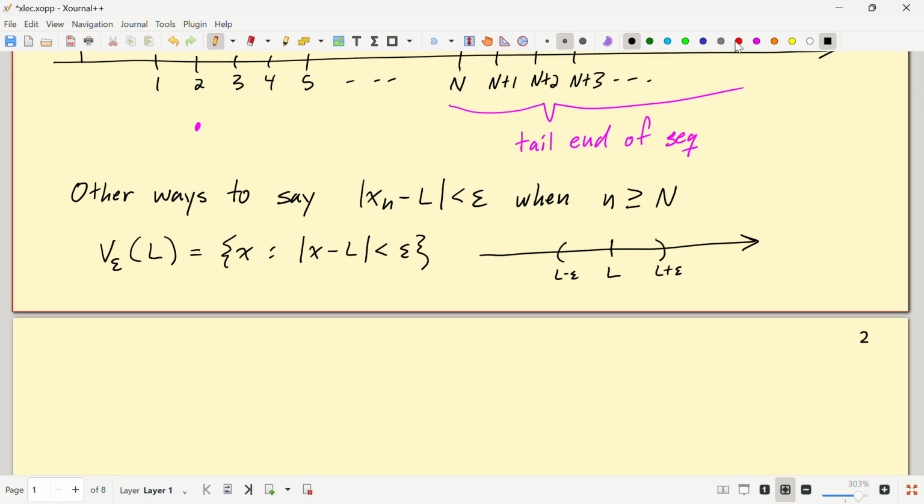And that set is this shaded region here.